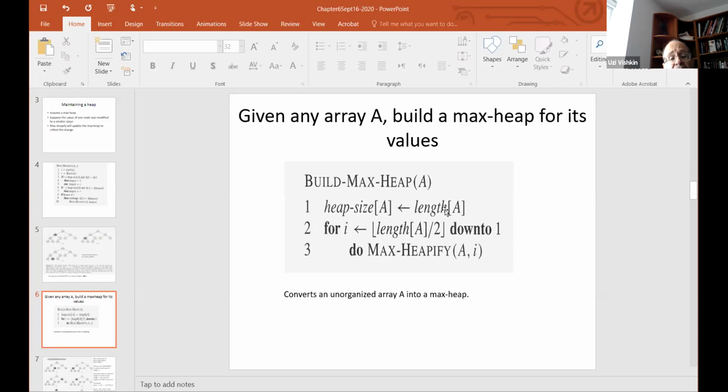So we need to build a heap for an array A of a given length. And the idea will be to start with a concept of the least significant parent in the nearly complete binary tree.